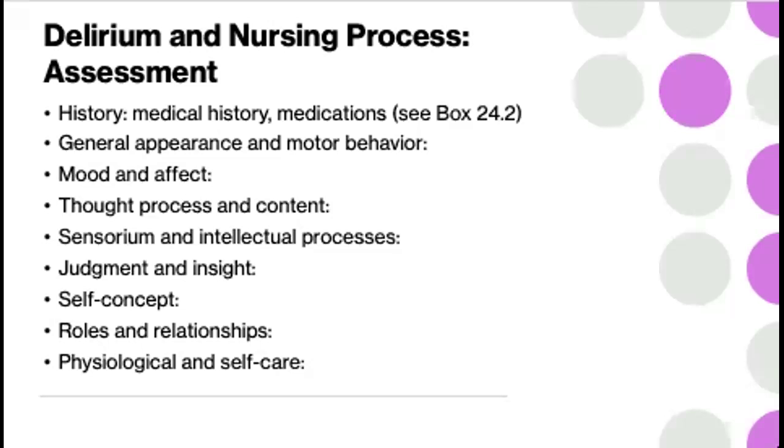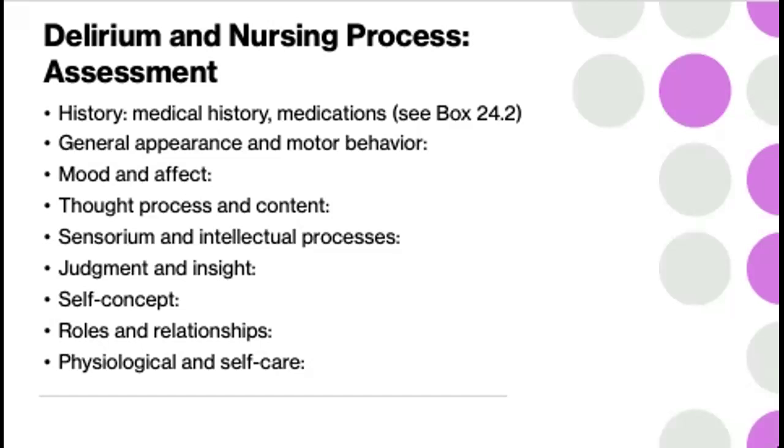For judgment and insight, we're going to have impaired judgment. They might not recognize that pulling out the IV lines is really harmful. With their insight, mild delirium may allow clients to recognize confusion, but severe delirium is going to have no insight at all.